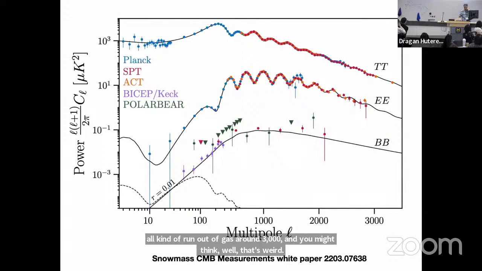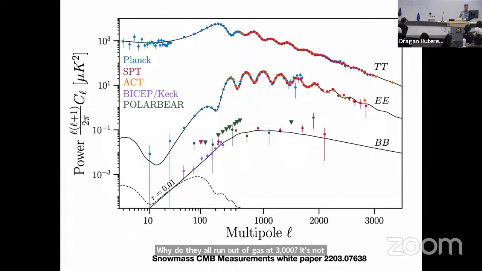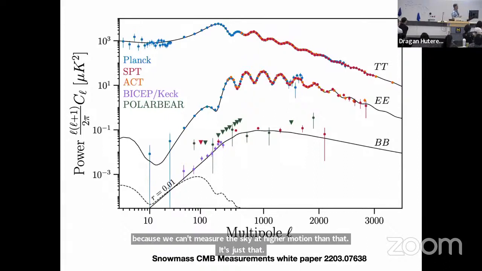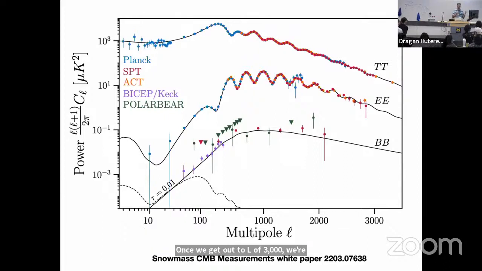It's not because we can't measure the sky at higher resolution than that. It's just that once we get out to L of 3,000, we're starting to run into confusion from foregrounds, in particular dusty galaxies and radio galaxies, galaxy clusters. So the sky starts getting a little messy once you get out to around L of 3,000. So people are not quite as ambitious about putting plot points down with error bars out there.